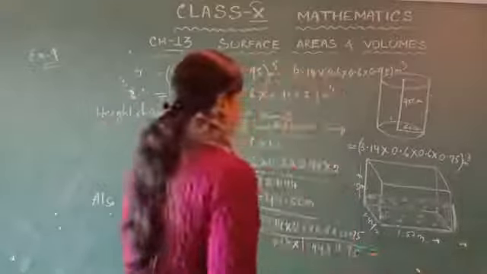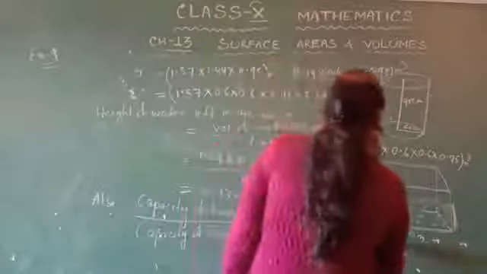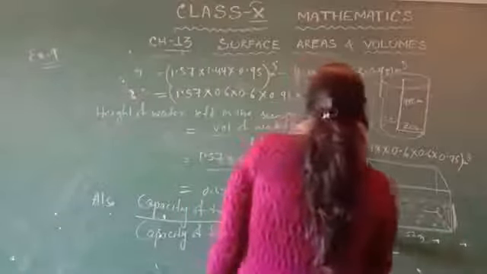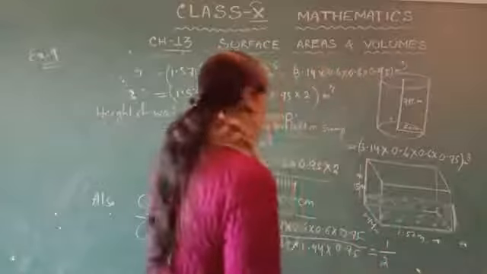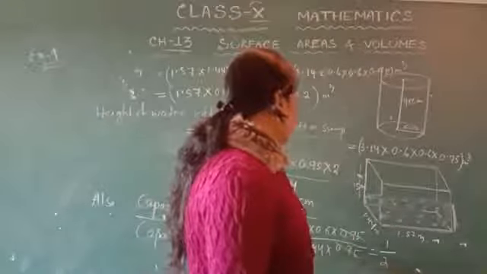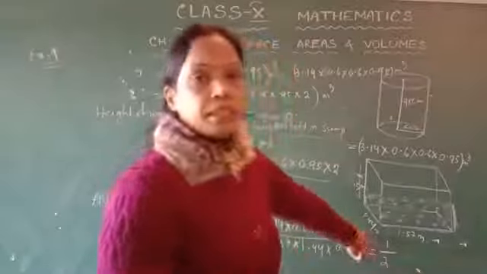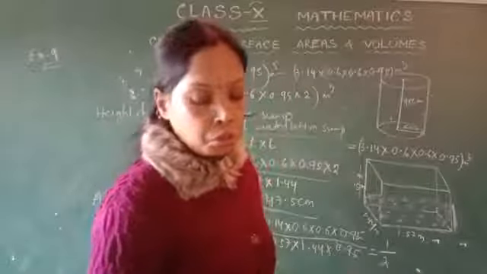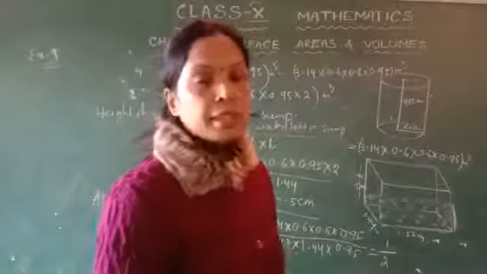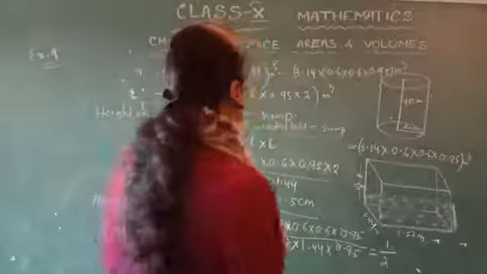So that is equal to how much? That is 1 upon, 0.95, 0.95 cancel. So then it is what? When we divide this, so that is equal to 1 upon 2. So that means the capacity of a tank is half of the capacity of a sump.